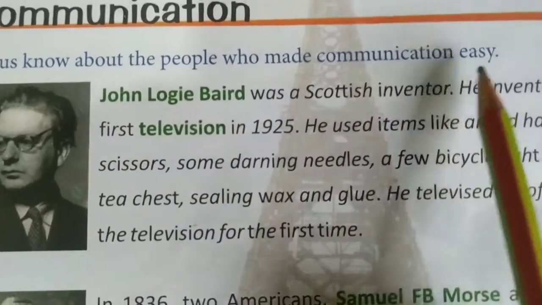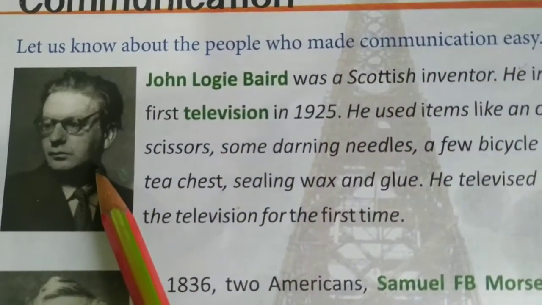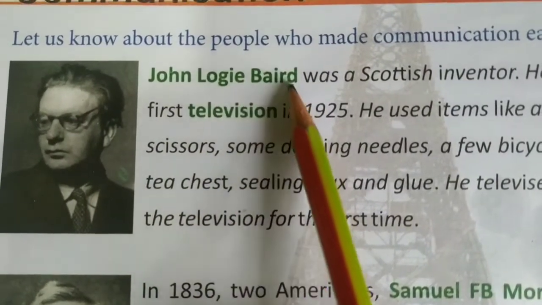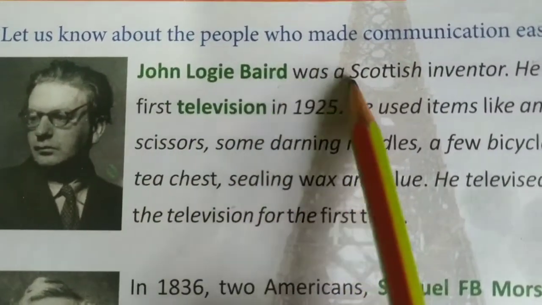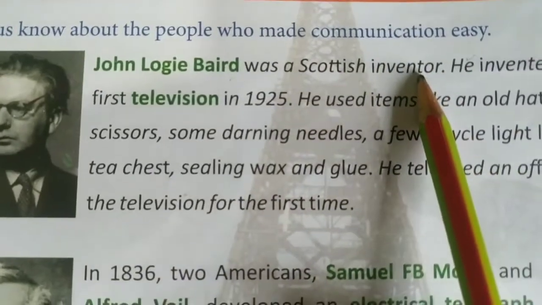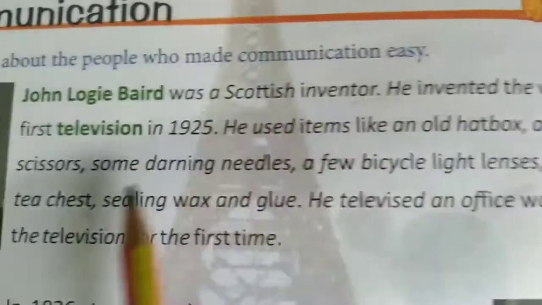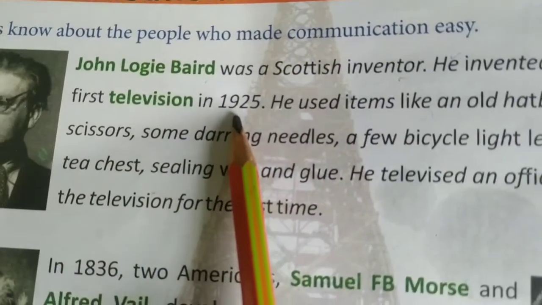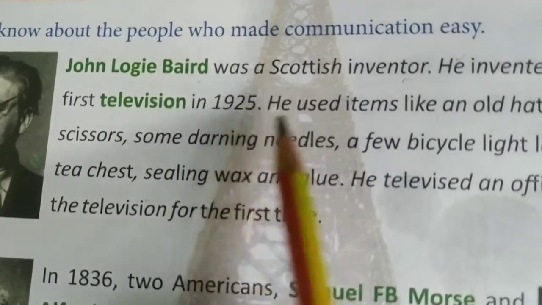Now, he is who? This person is John Logie Baird. He was a Scottish inventor. He invented the world's first television in the year 1925.